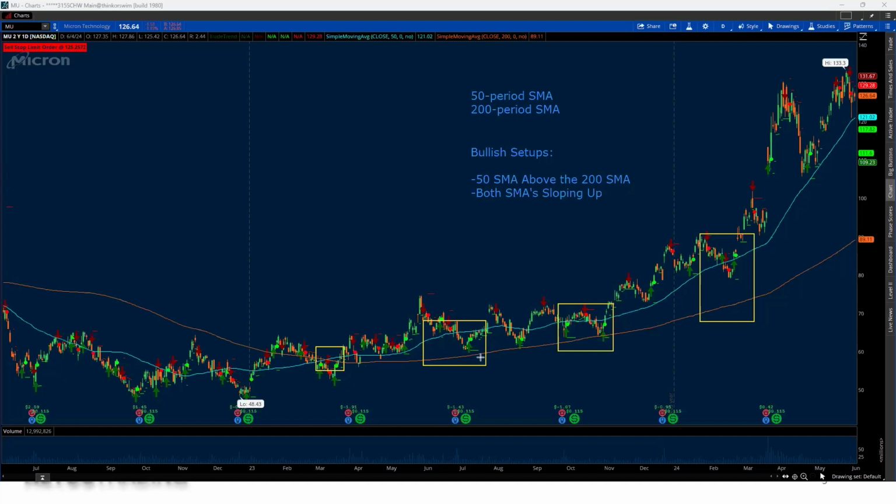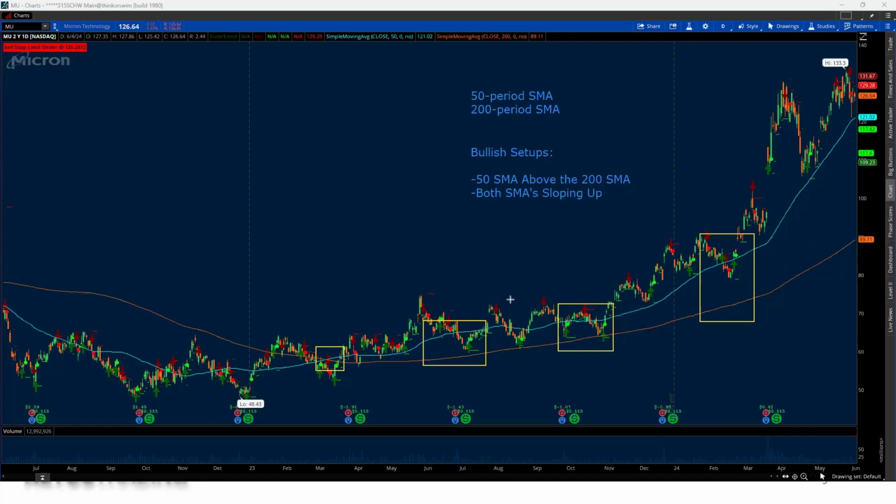Again, not required. There are still viable setups where the 50 is converging with the 200. But the real bread and butter, what I really want to see, is both of these upward sloping and either parallel or diverging. This indicates that there is a strong bullish trend in place.